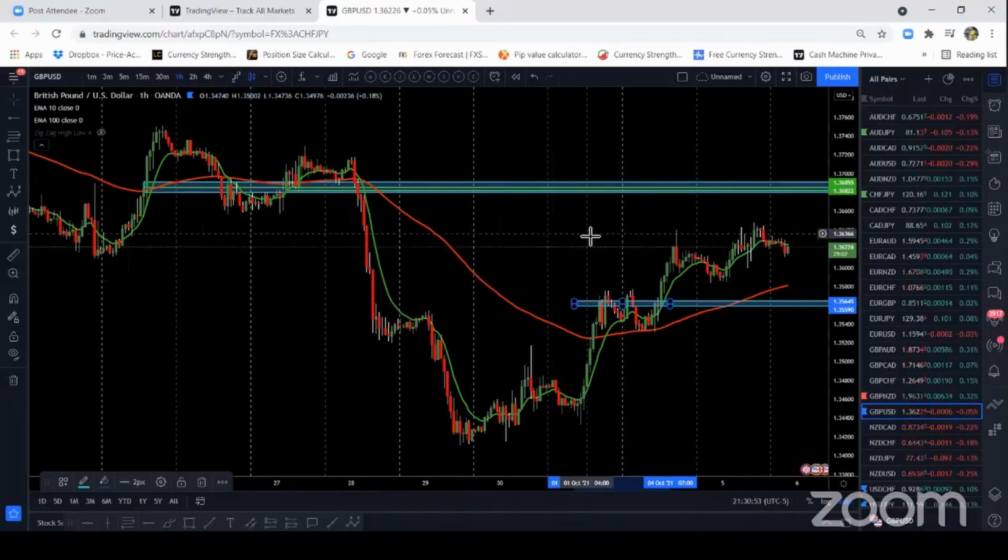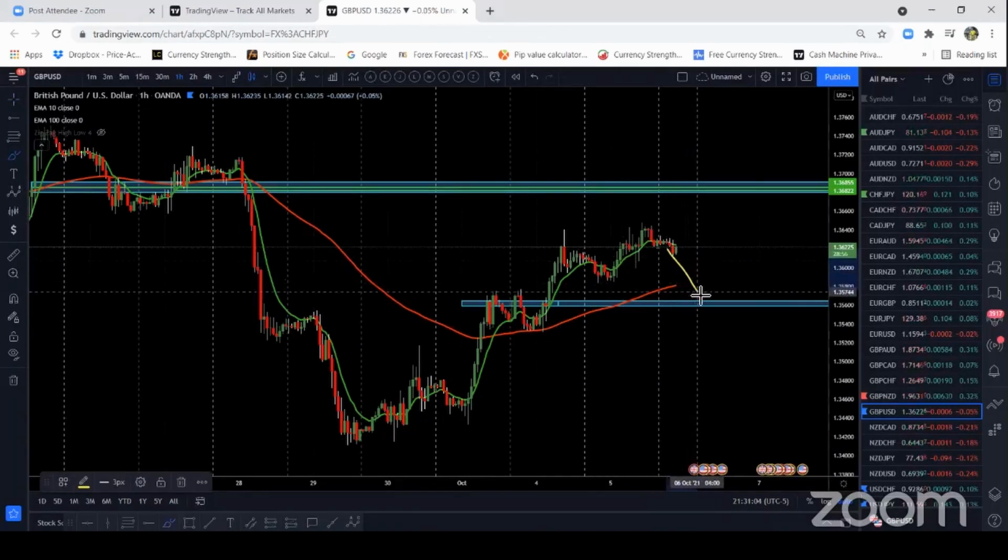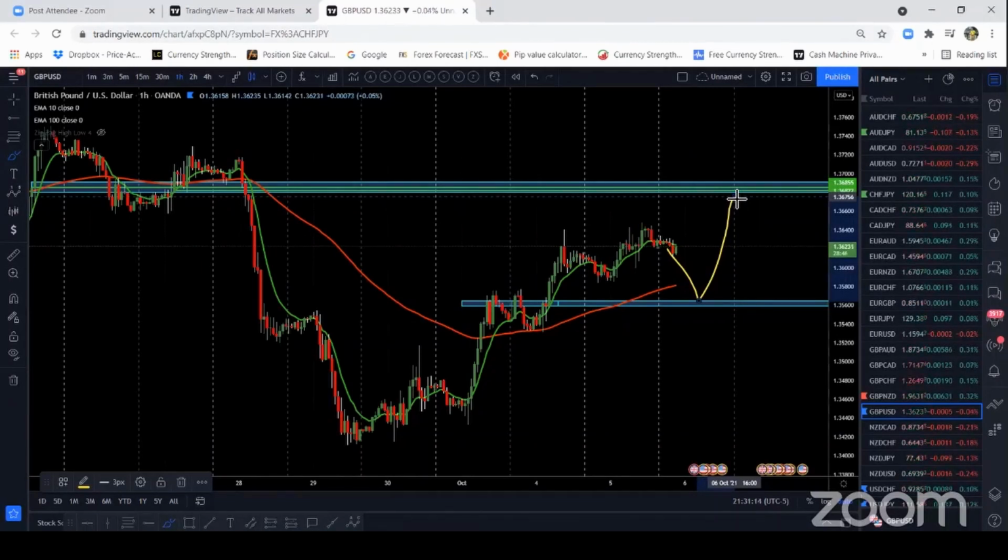So what am I looking at? Well, I'm hoping that overnight price gets to this level and bounces up. That's it. So pay attention to that. Practice that.